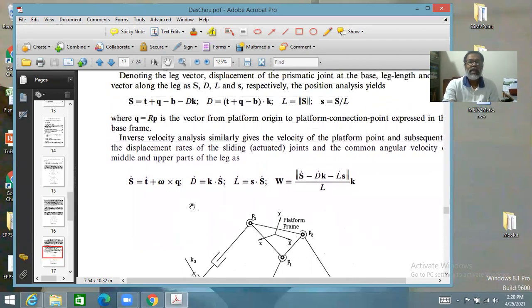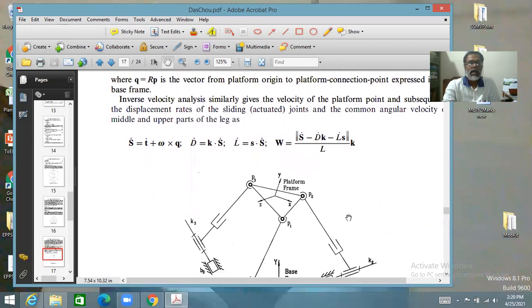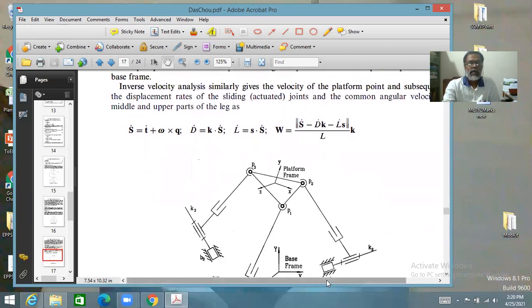So here again, you work out the leg vector first. The leg vector will be from the base frame to the platform frame, this vector t plus this vector. Locally it will be available as p_i. Now you have to transform it to R p_i, R showing the orientation of the platform with respect to the base.